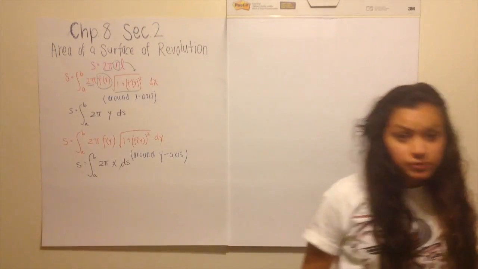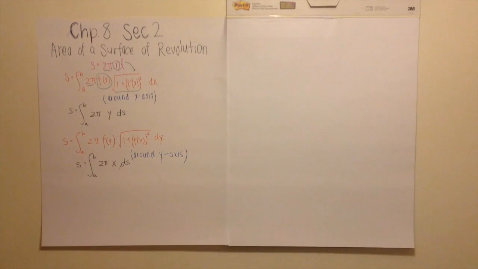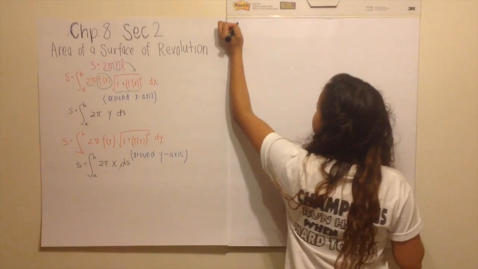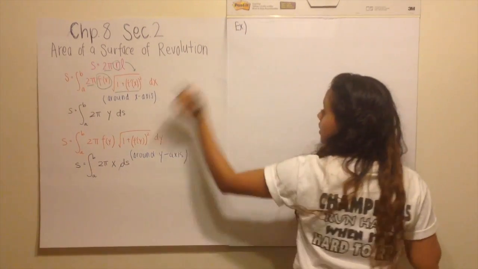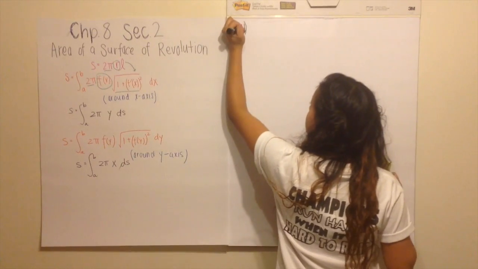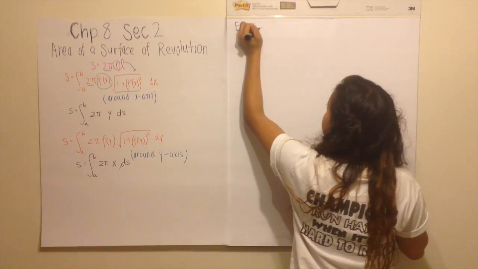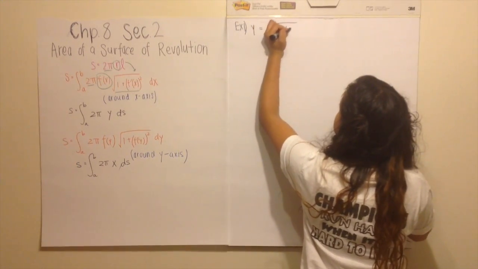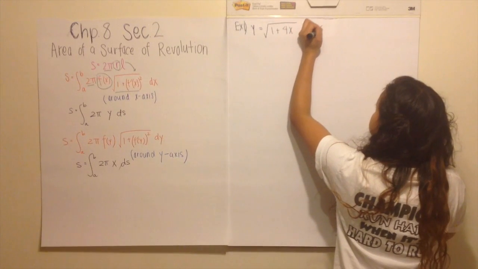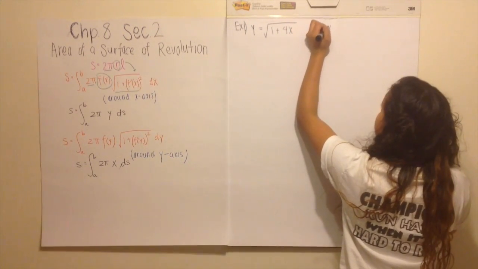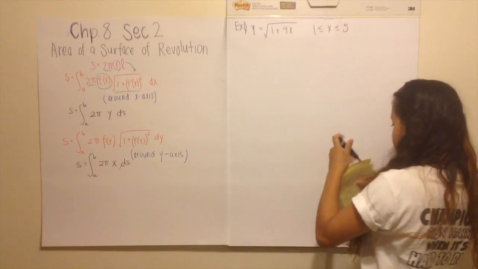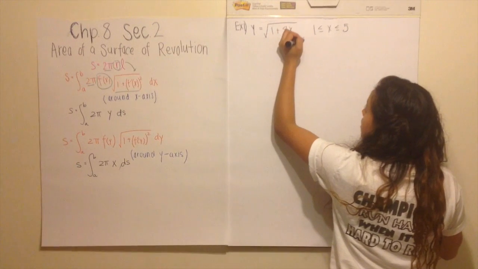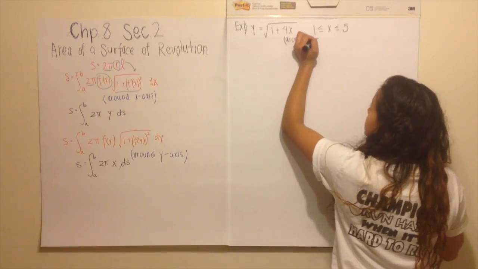So our first example is going to be this one. It's y equals the square root of 1 plus 4x with our intervals from 1 to 5, and it's going to be around the x-axis.